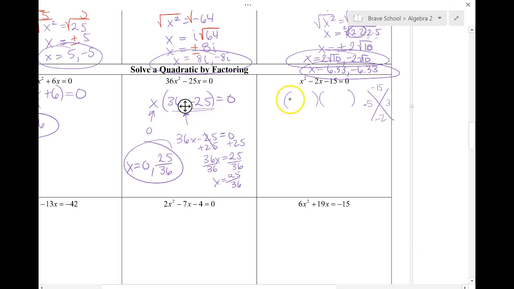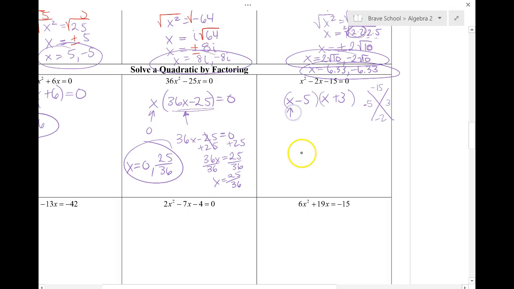Okay, so there's our 2 factors. So now this is x minus 5 and x plus 3. They're not the zeros, I apologize, I shouldn't have said that, because we have to find the zeros once we plug in those numbers.